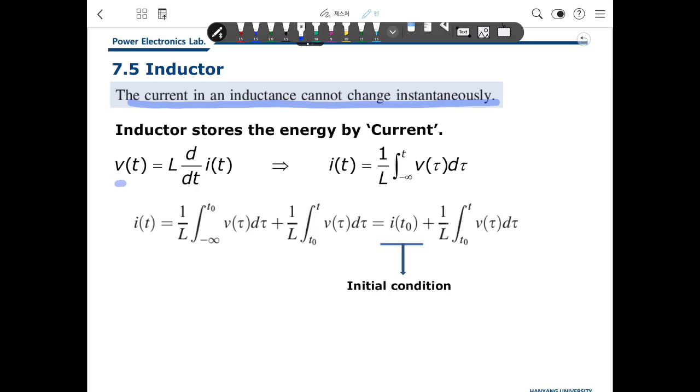The inductor equation is V is L di/dt. Therefore, i is 1 over L times the integral of V. So we rewrite it here, splitting into minus infinity to t0 and t0 to t. This is a specific time, so we define this as i(t0), which we call the initial condition of the current.